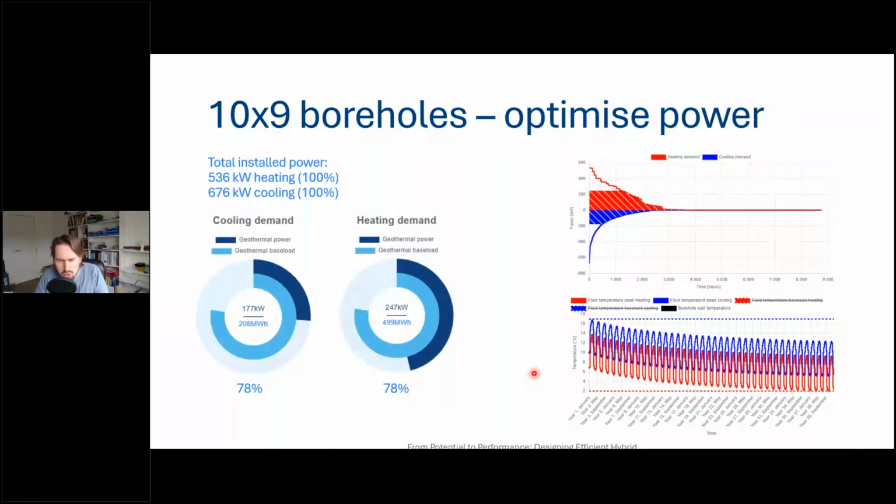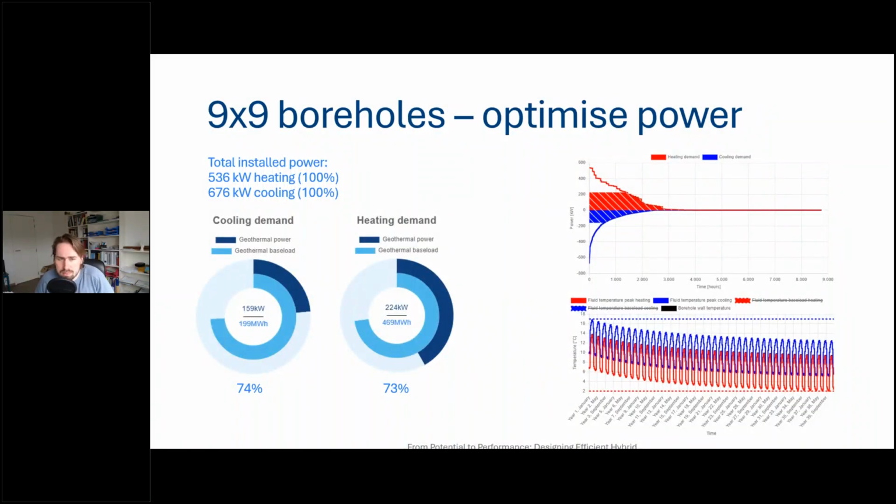Now this is the first starting point, but perhaps you can say, well, 10 by 9 boreholes, it's what's possible, and we can fit it onto this field, or we have the space. But perhaps there is an economically more interesting solution. So we can say, well, imagine we make it a 9 by 9 grid. So we go for 81 boreholes instead. And then we have this figure.